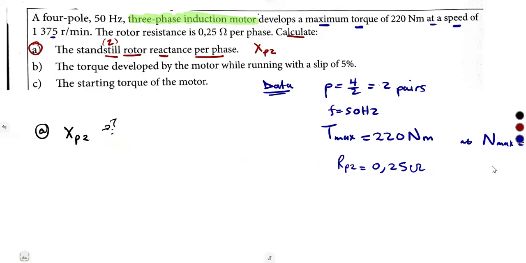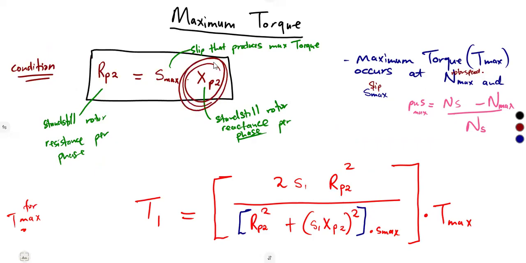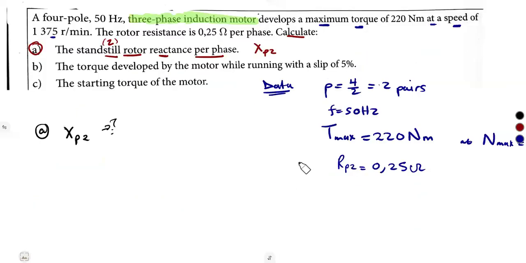If you consider the first condition, it has what we need: the standstill rotor reactance per phase is there. So we're simply going to make that the subject of the formula. R2 is equal to S max times X2, the standstill rotor reactance per phase, at maximum torque, at Tmax. So we need this. Let us simply make it the subject.